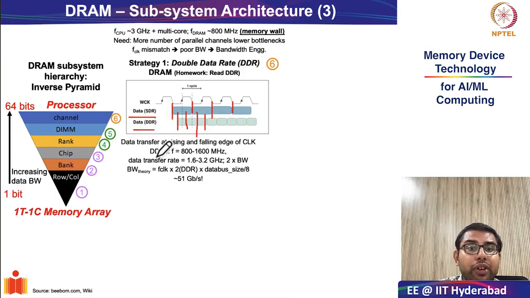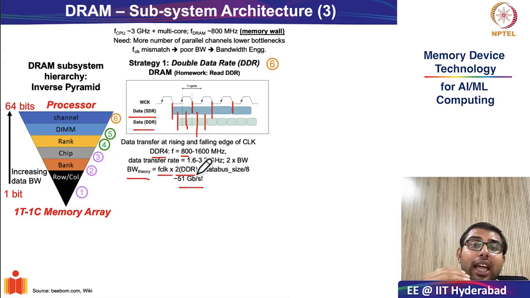Therefore, without improving the clock speed, which is roughly 800 megahertz, you can get a theoretical bandwidth of almost 51 Gbps. Why is this possible? Because your clock frequency gets multiplied by 2. This factor of 2 comes because you are now sending and receiving data on the rising and falling edge of the clock.